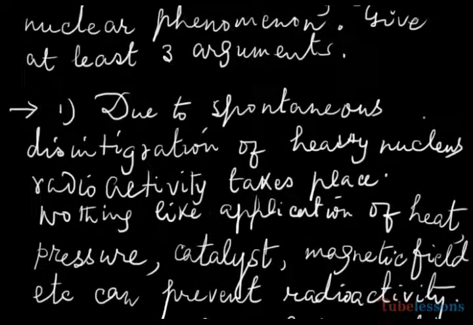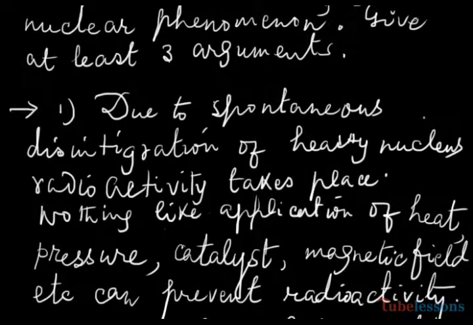Nothing like application of heat, pressure, catalyst, magnetic field, electric field, etc. can prevent radioactivity. Under any condition, if you keep uranium in a drawer or in a hole, or in any place, radioactive emission will take place.